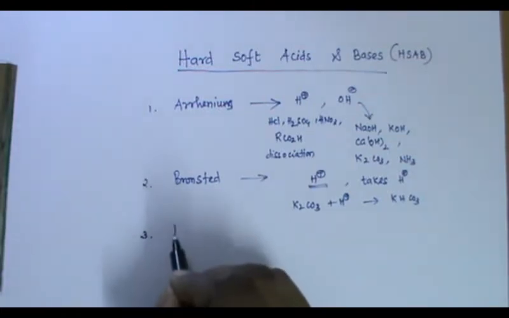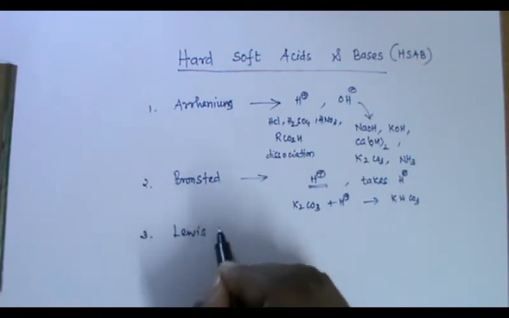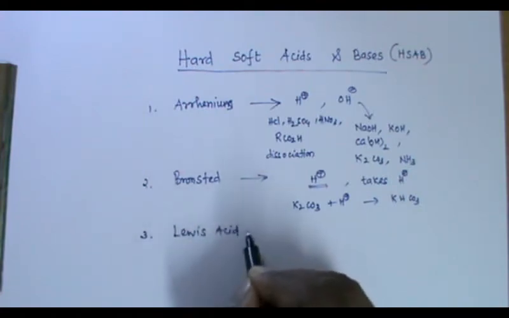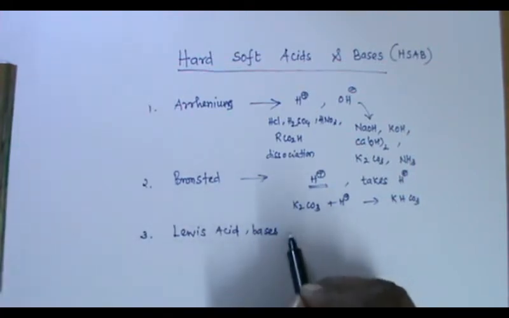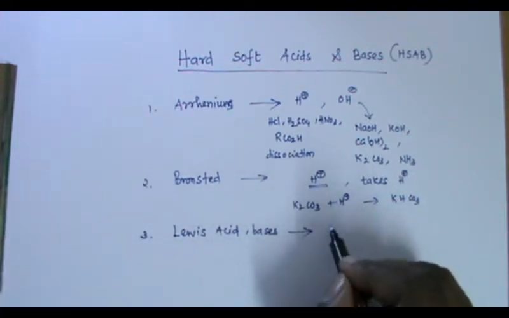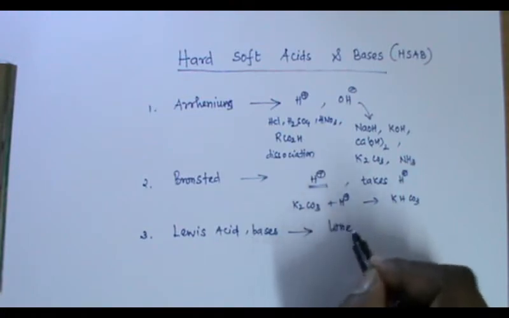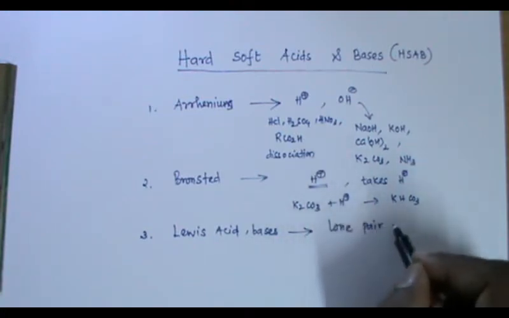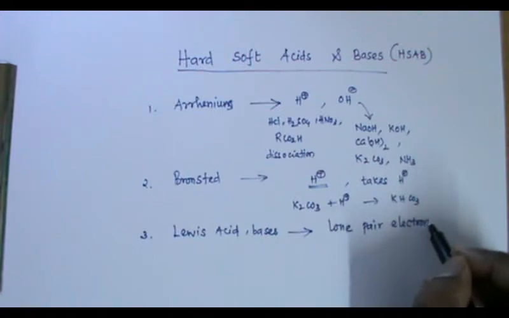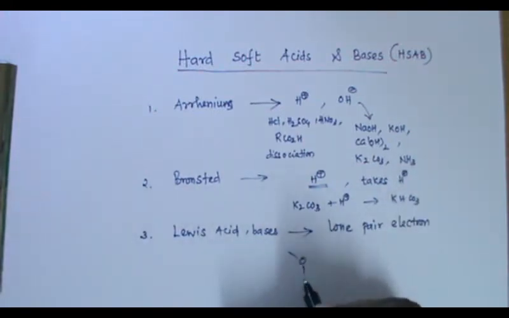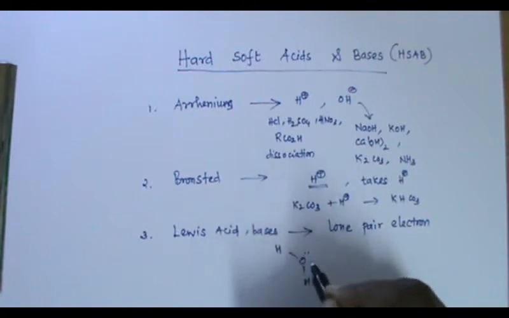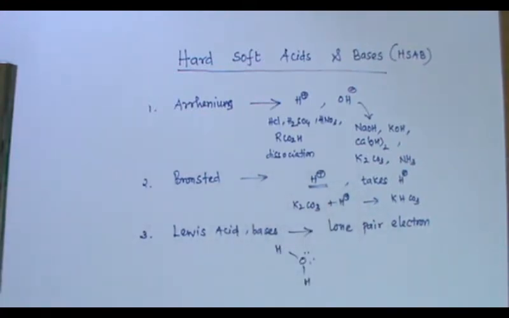Third one, Lewis acids and bases. This concept is based on donation of a lone pair of electrons or acceptance of a lone pair of electrons. For example, if you go for water, it has a lone pair of electrons.